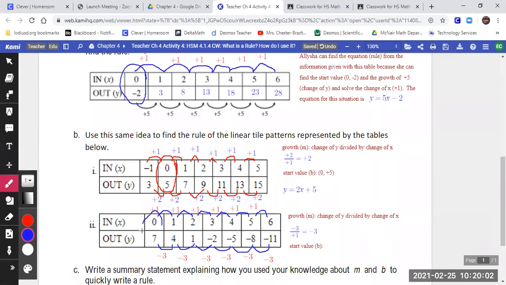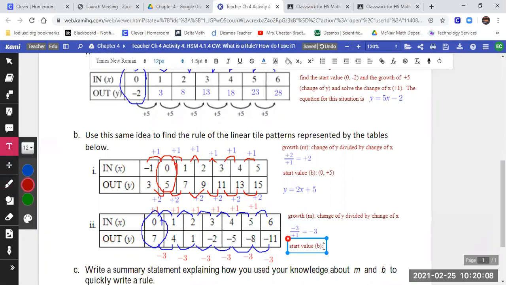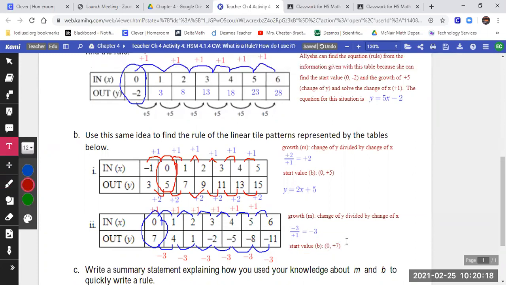We always look for where the x is 0. Okay, 0, +7. Why does the sign matter? Because when we go to do the equation, we need to have that plus or minus to help us finish. Because remember, our equation has pluses and minuses at the back. Okay, so my y equals -3x plus 7.